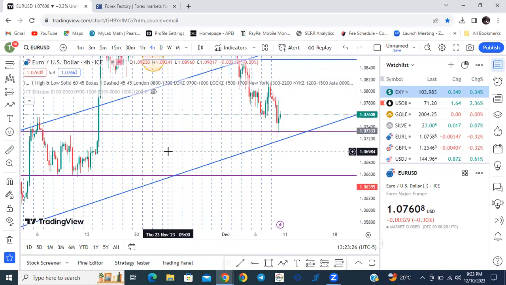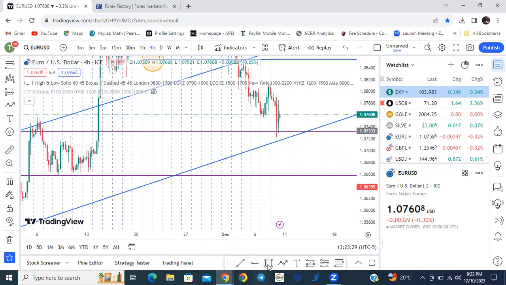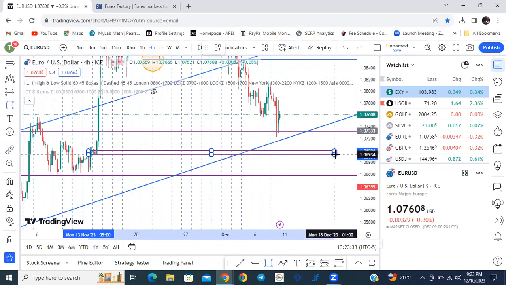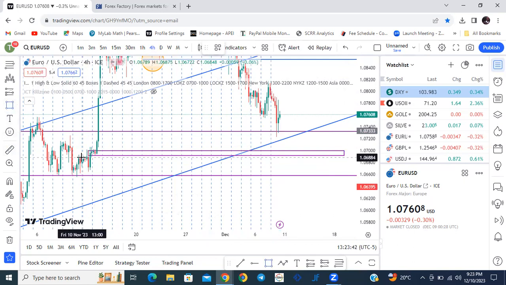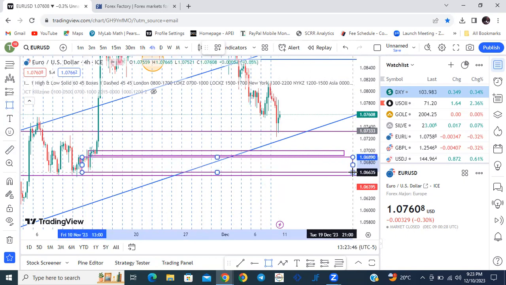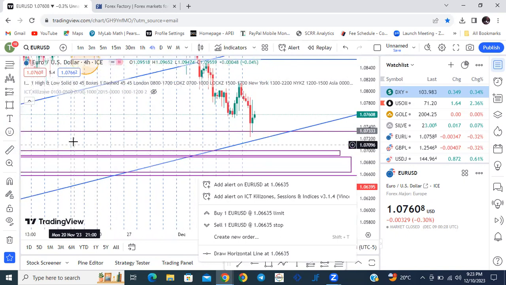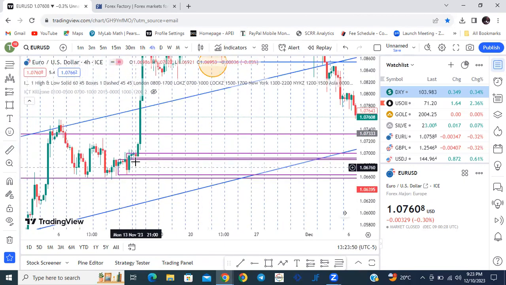So the price can push all the way on the downside to this level, whereby we have another area of demand. Also we have another area of demand here, but this demand was tested actually at this level. So it's already a tested area.